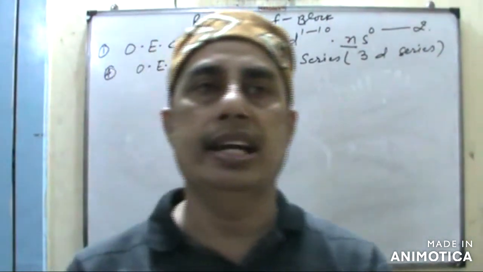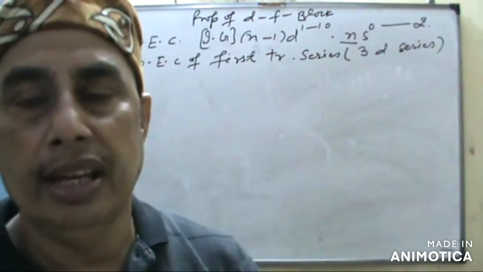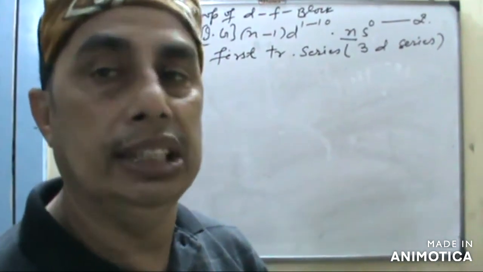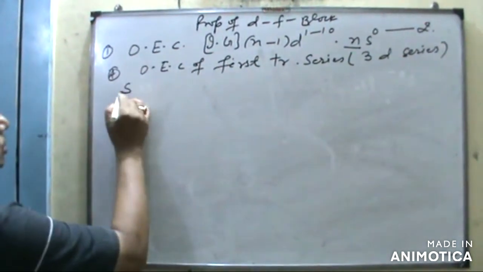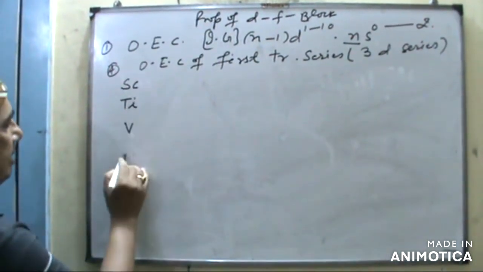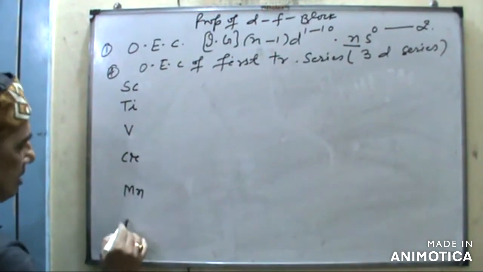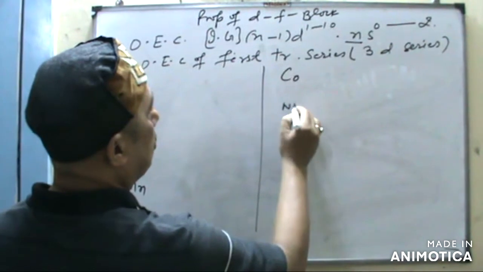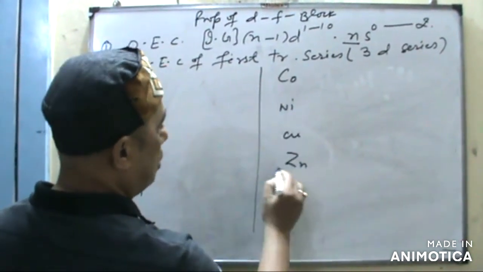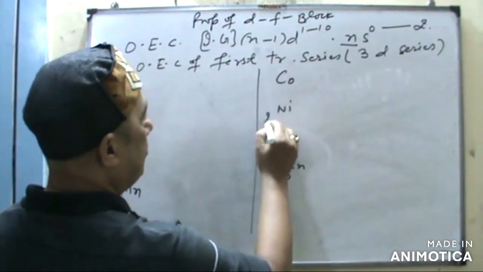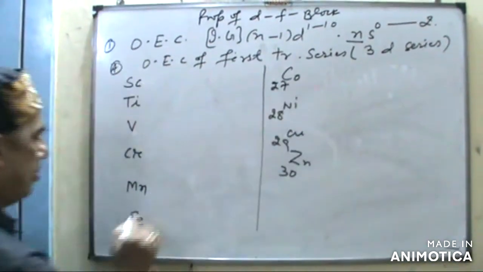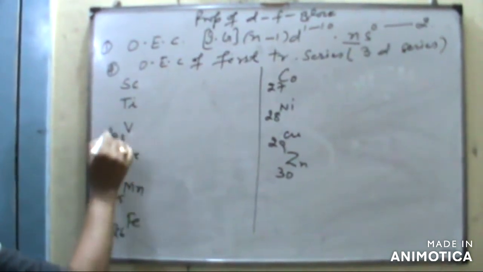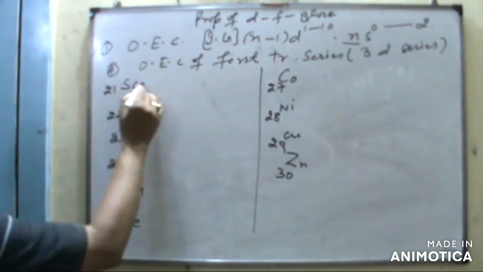That is why scandium, titanium, vanadium up to zinc are known as the 3d series or the first transition series. Scandium, titanium, vanadium, chromium, manganese, iron, cobalt, nickel, copper and zinc. You remember 30, 29, 28, 27, 26, 25, 24, 23, 22 and 21.